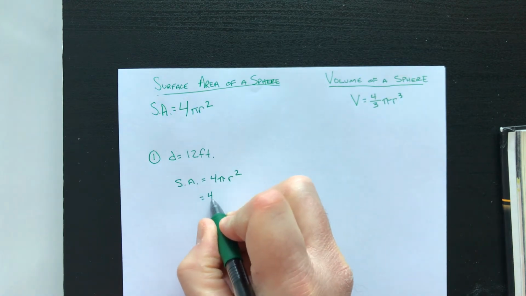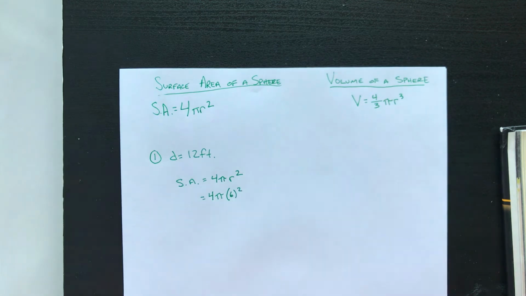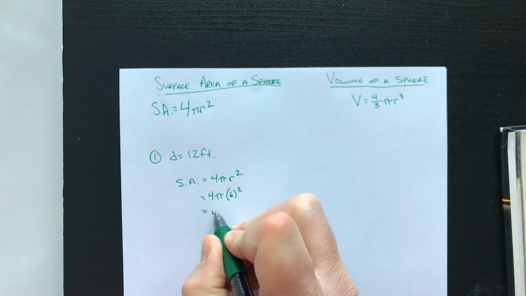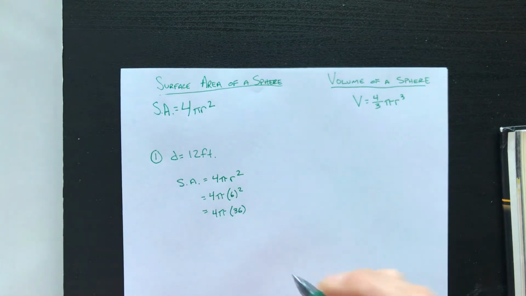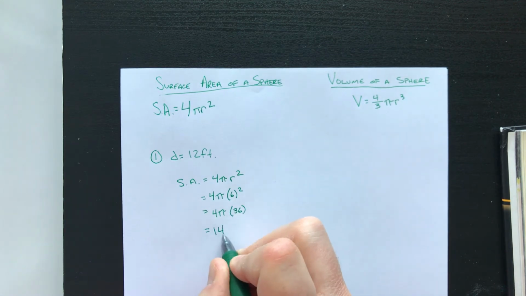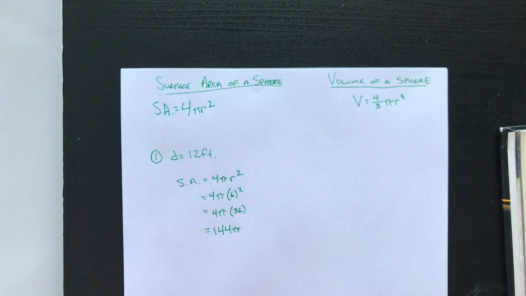So it's 4 pi 6 squared. So what we end up getting here is 4 pi times 36. So 36 times 4 is 144 pi. And it looks like the problem says to leave it in terms of pi.